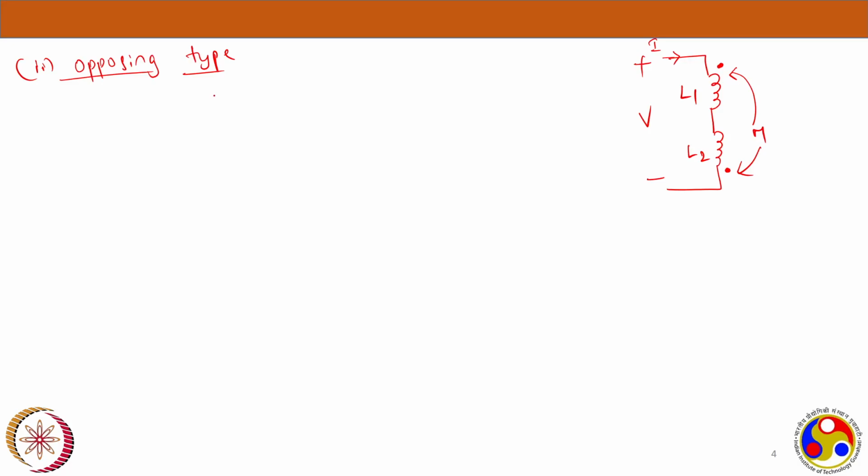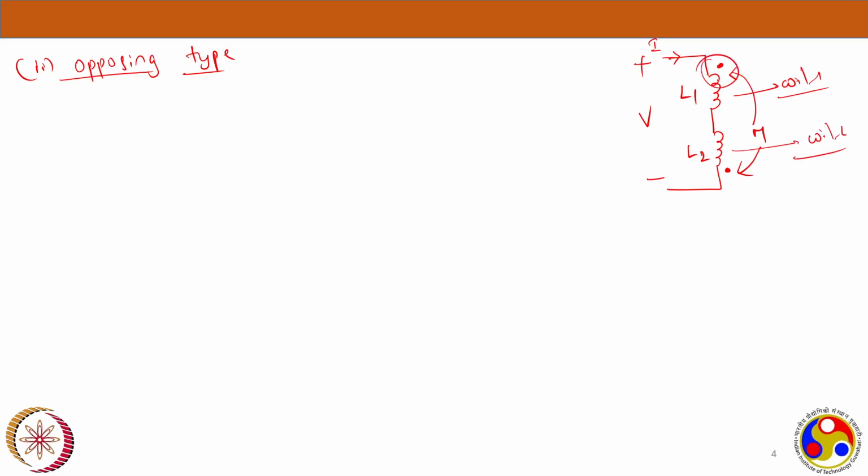Now let's see the KVL of this. Now here, look at coil 1. The current is entering L1, so it will induce a voltage in coil 2.